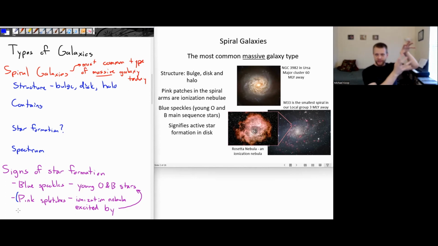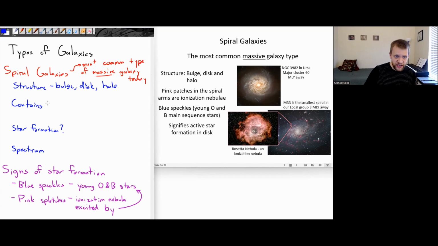But if I have some relatively nearby O and B main sequence stars, they are very energetic and give off a lot of ultraviolet light. That ultraviolet light excites that cloud of hydrogen gas, and it causes it to glow with that characteristic pink color. So these pink splotches are ionization nebulas excited by those O and B stars. And if you see either of these effects showing up, you've probably got some really good signs of star formation.